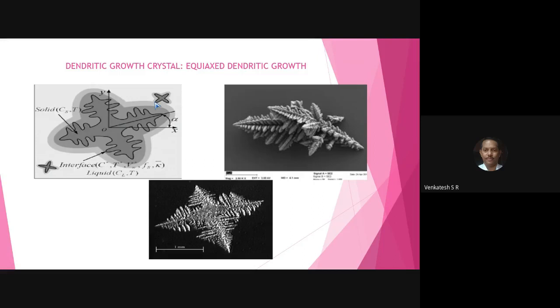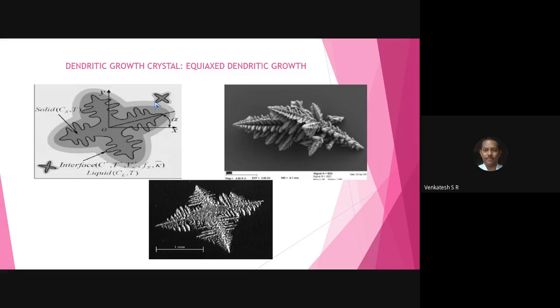Below that, write down the solidification process. Solidification process starts in three locations. They are: below that, write down number one.